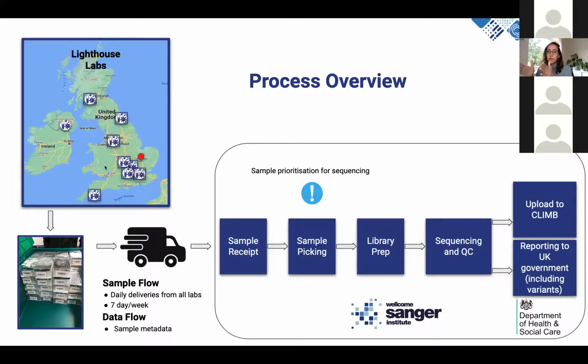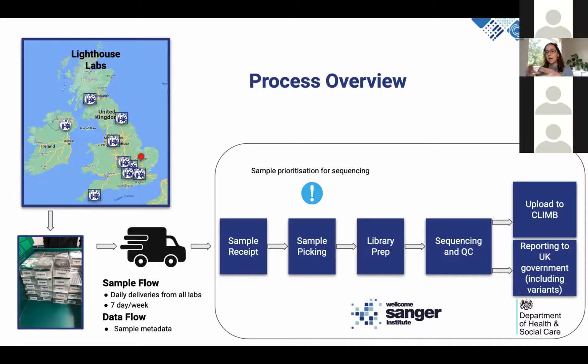These national laboratories take the PCR tests. The PCR tests are free in this country. They send the whole nucleic acid of each positive sample to Sanger on a daily basis. So every day we receive samples from all nine labs.